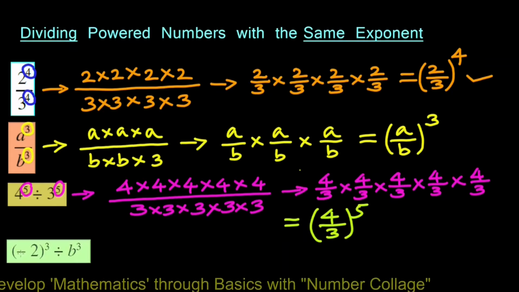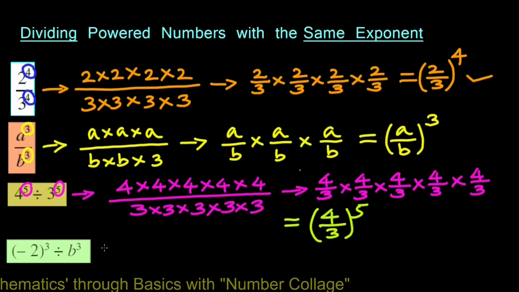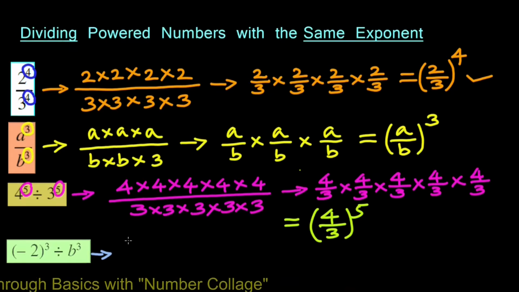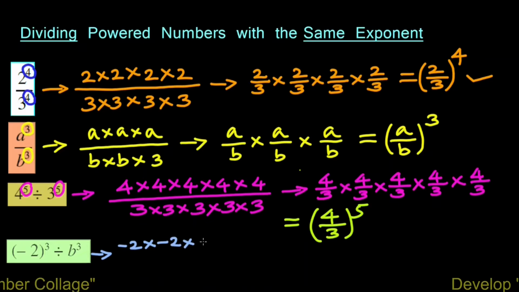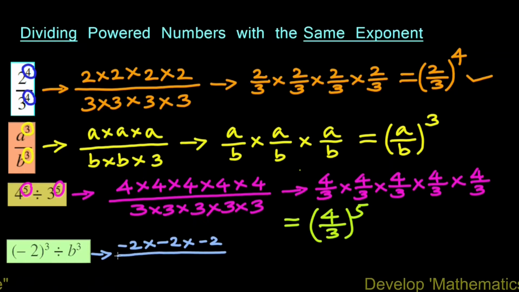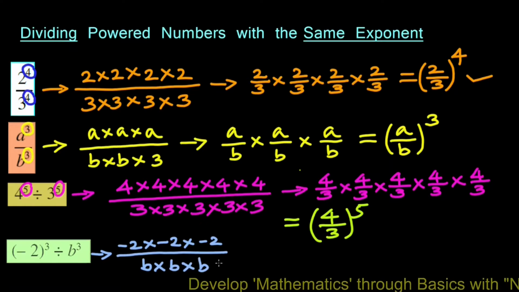raised to 5. Minus 2 cubed divided by b cubed, we can write this as, in the numerator, minus 2 multiplied by minus 2 multiplied by minus 2, 3 times, and in the denominator b multiplied by b multiplied by b, 3 times.